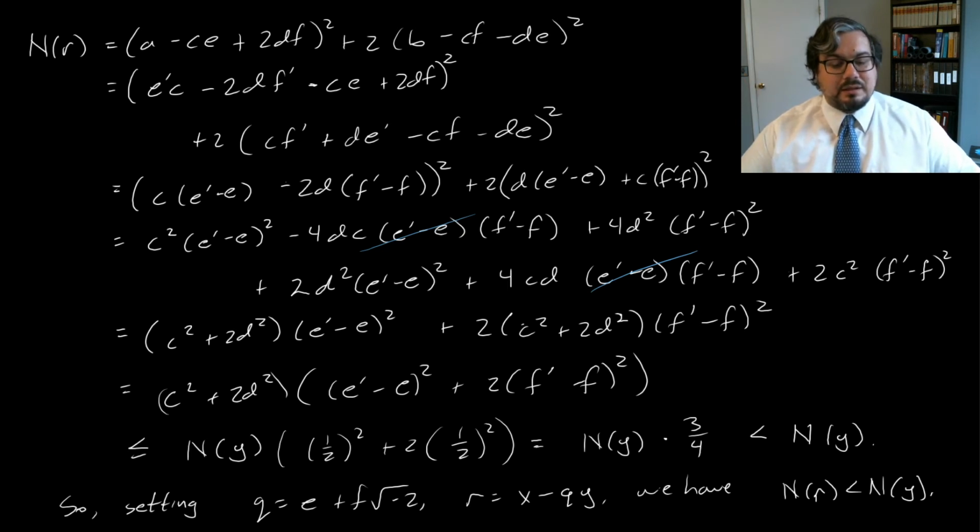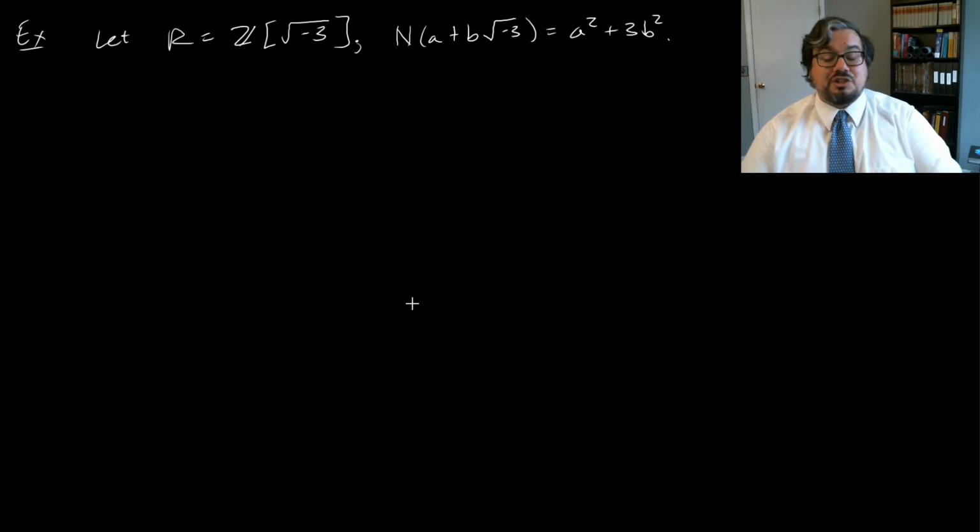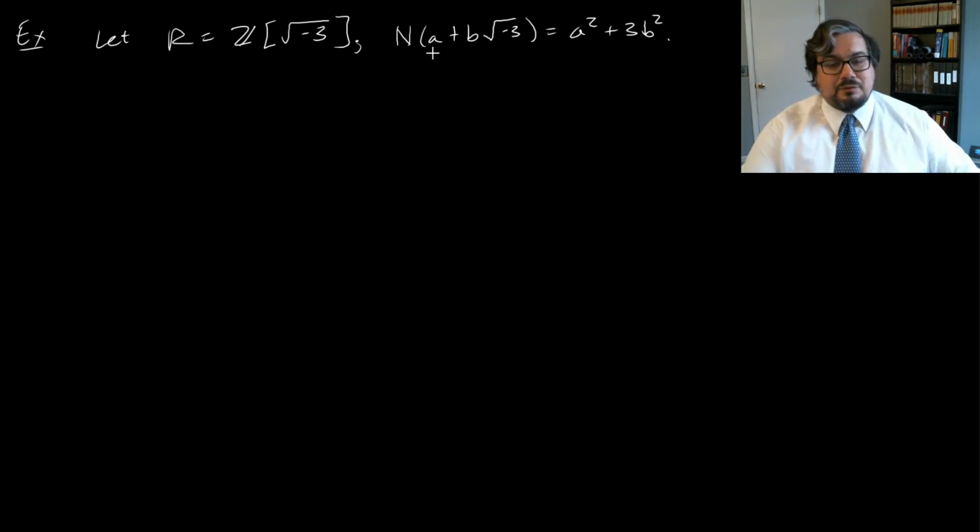All right, let's do another similar example to this one. Let's let R rather be the ring Z adjoin the square root of negative 3. And let's let n of an element a plus b square root of negative 3 be a squared plus 3b squared, just like we had before, just replacing the 2 with a 3.